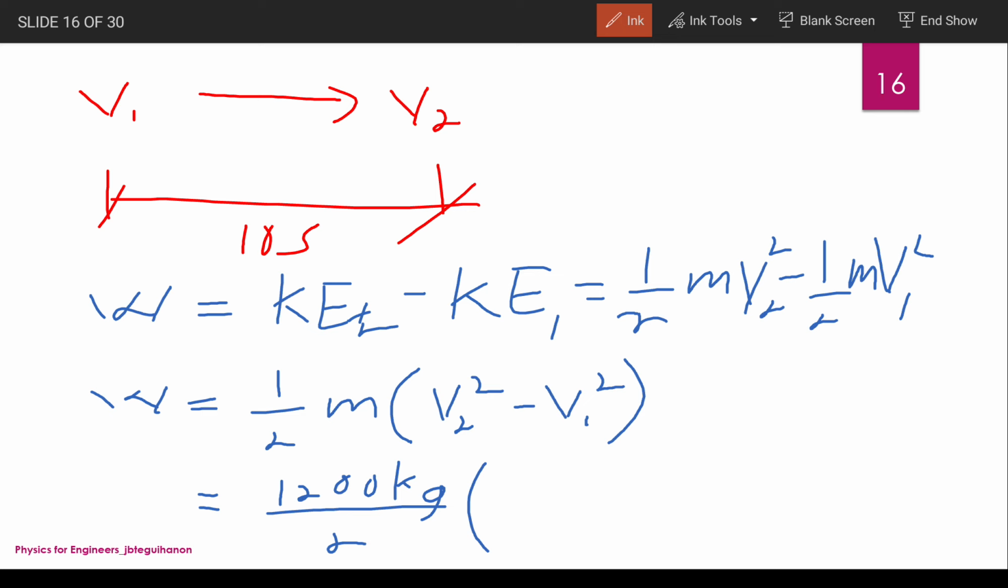And then your velocities, we have already calculated those, right?